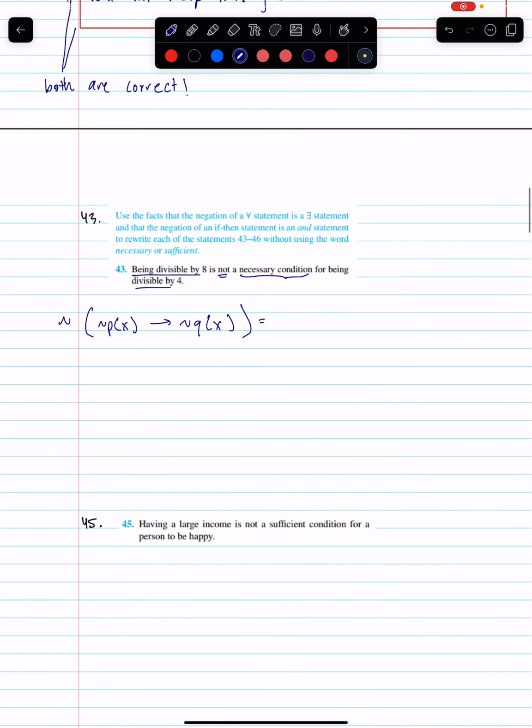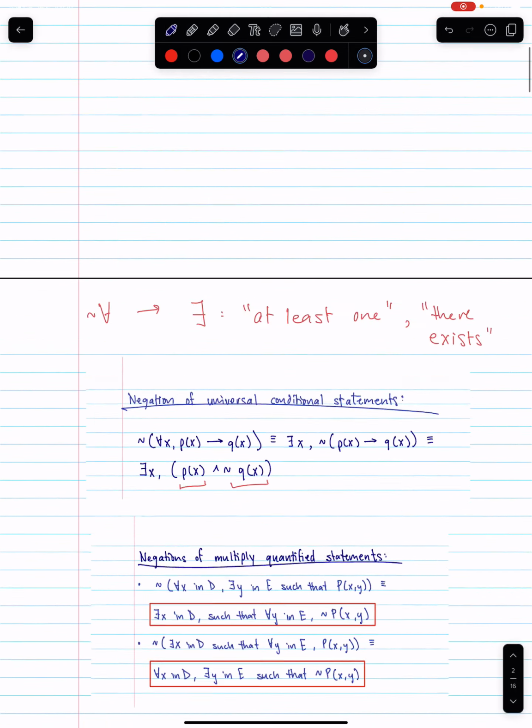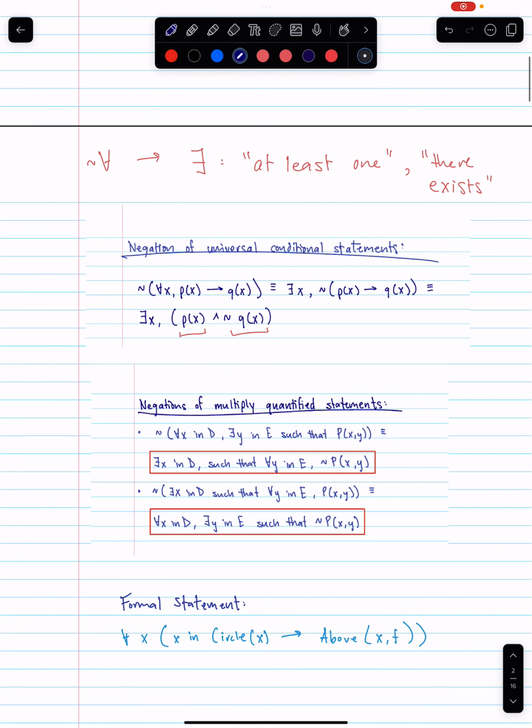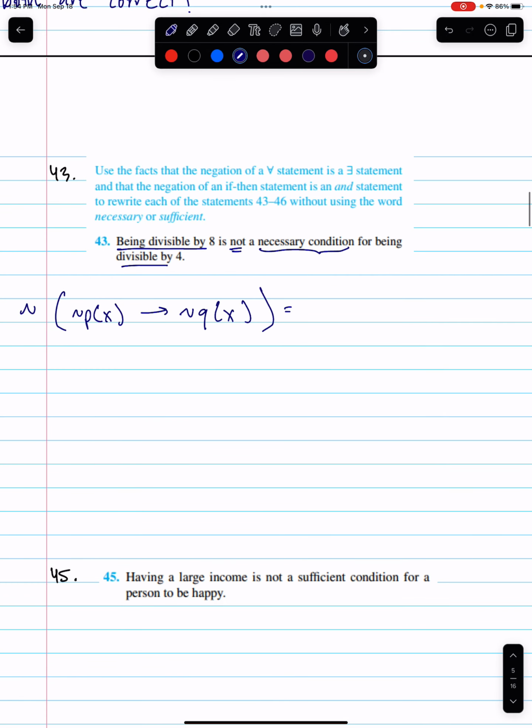So if you recall, the negation of a conditional would be, I set it up here, yeah. You connect the terms with an and and you negate the second term. So we'll say P of x stays the same. We no longer have the arrow, but we have the and logical connector.